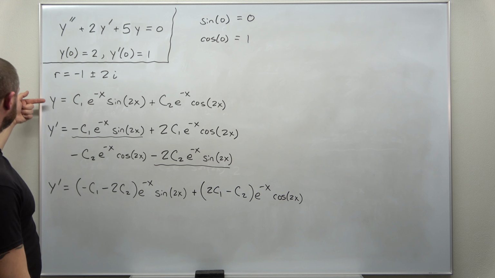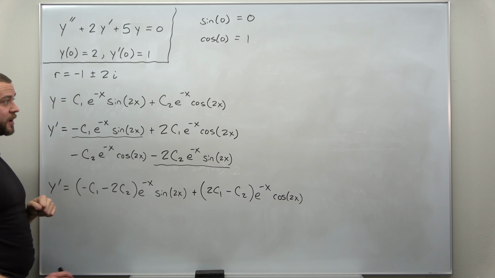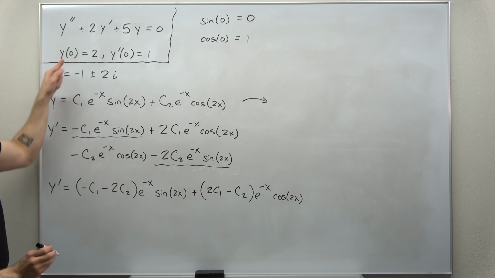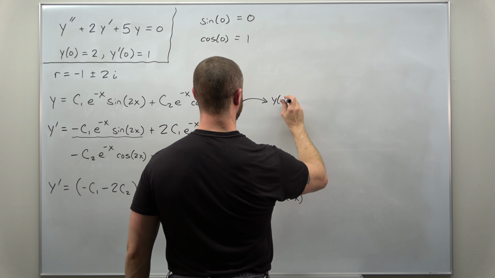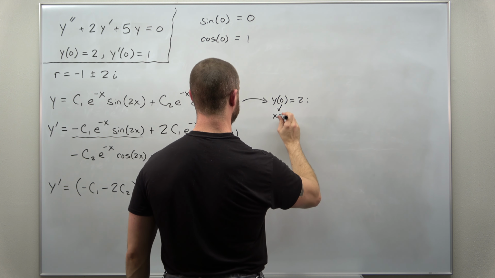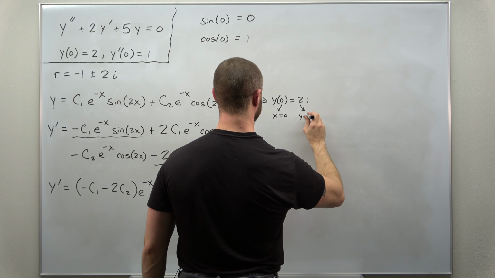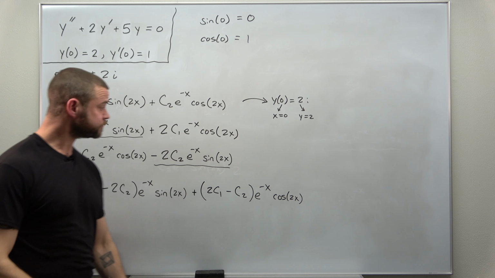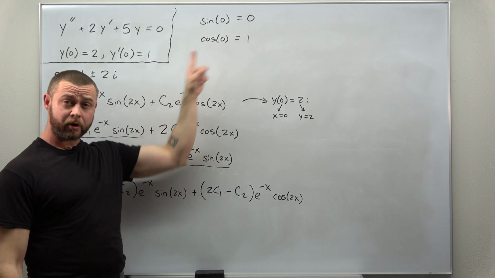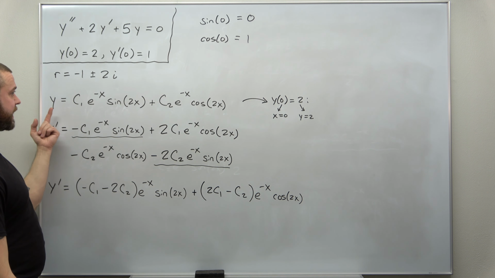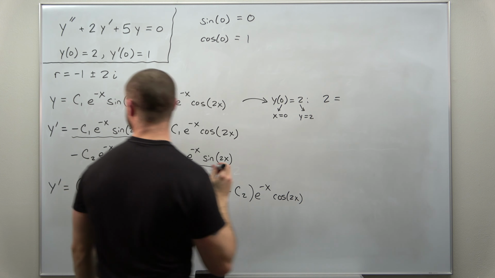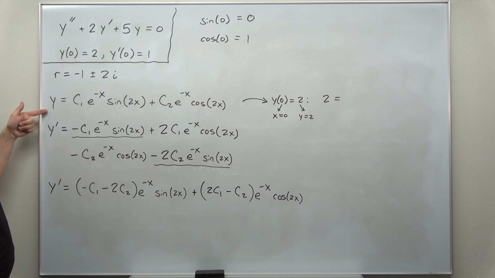So let's start with the function initial condition. So we're going to plug in for the function initial condition, x is 0 and y is 2. And we're going to keep in mind that sine of 0 is 0, cosine of 0 is 1. So if we plug that in, we get our y. That comes out to 2.